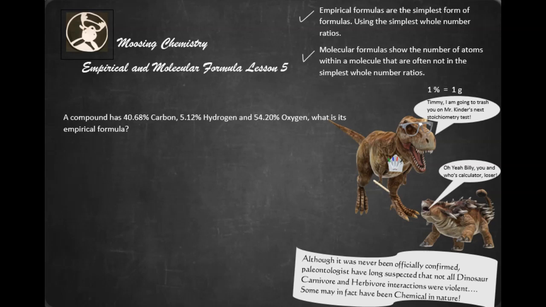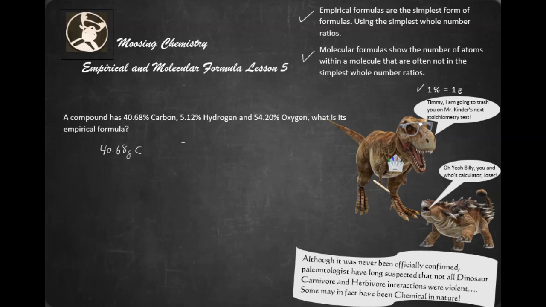A compound has 40.68% carbon, 5.12% hydrogen, and 54.20% oxygen. What is the empirical formula? Well, you have to remember that 1% is equal to 1 gram. So when we have 40.68% carbon, we actually have 40.68 grams of carbon, all right?